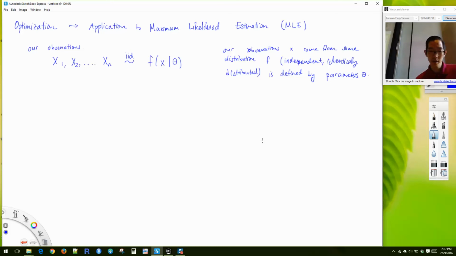Okay, and so theta is some vector of parameters, of which we might have p of them.